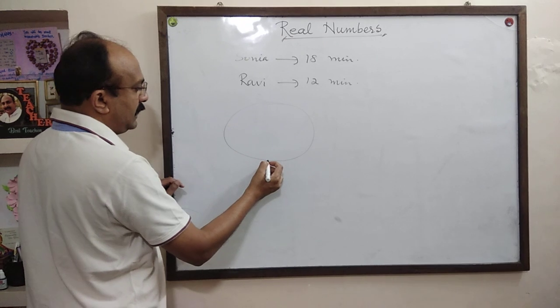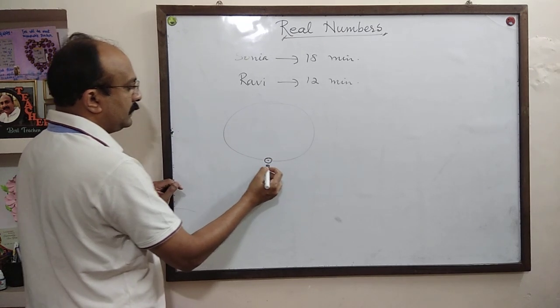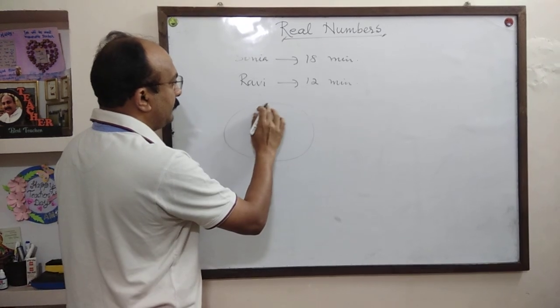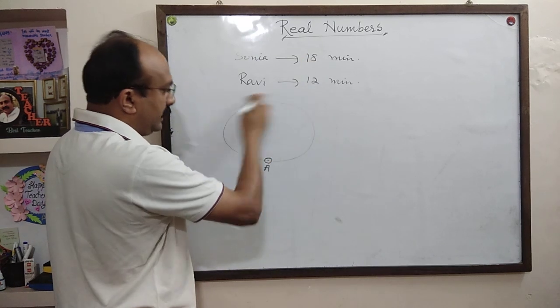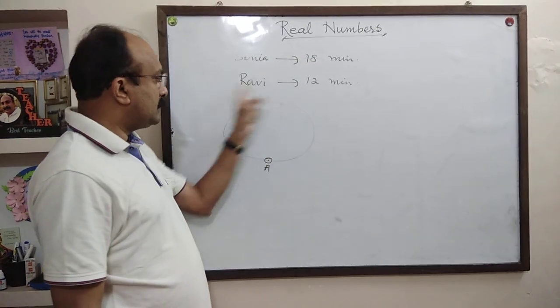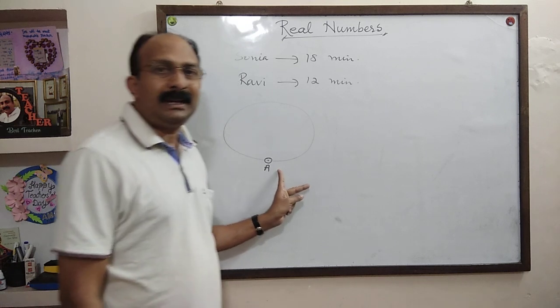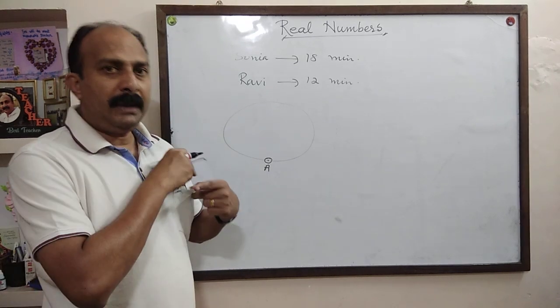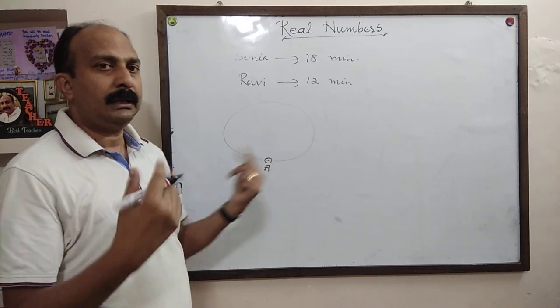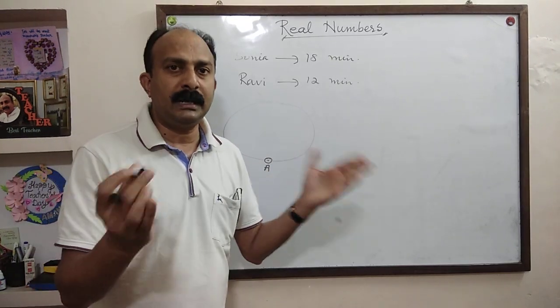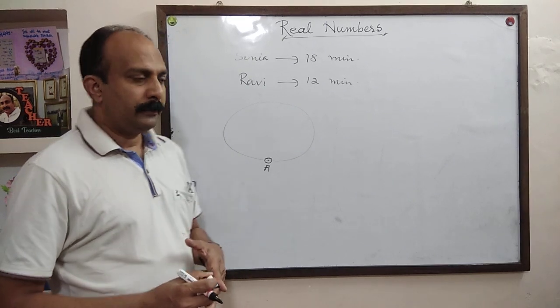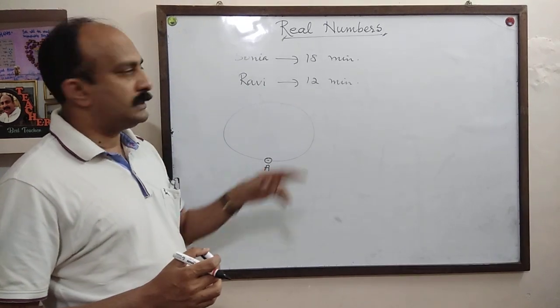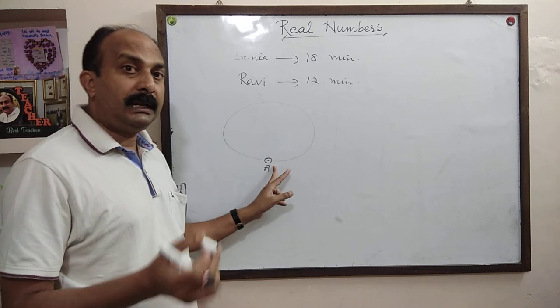Since they are taking different times, they will not meet again in the next round. But they may meet again after some time. What is that time? After how many minutes will they both meet again?